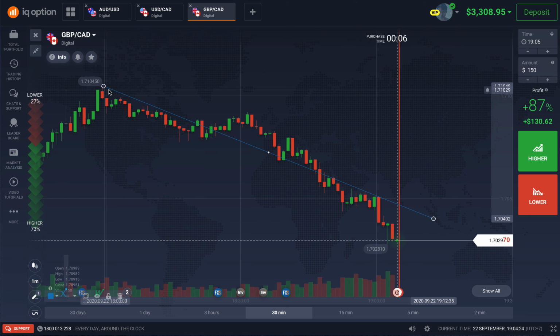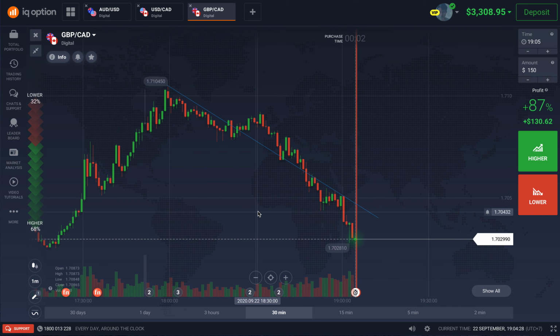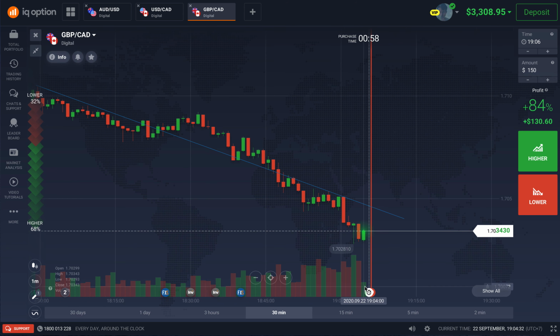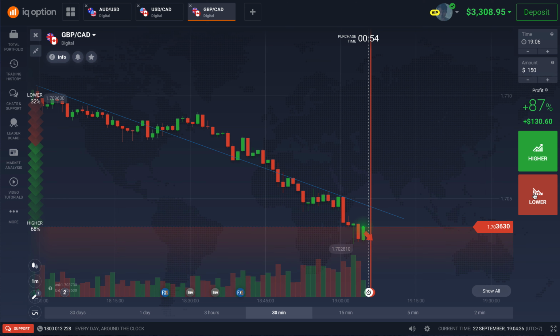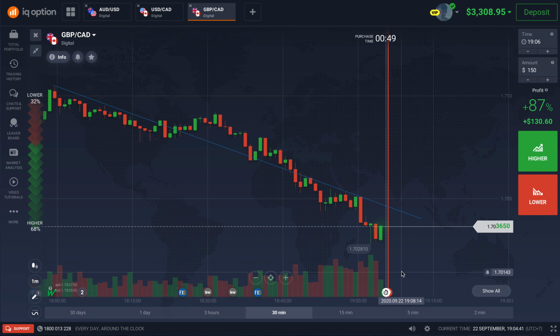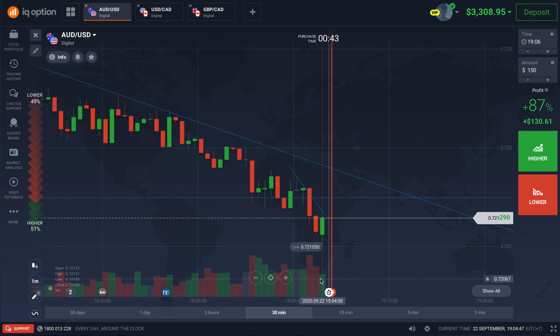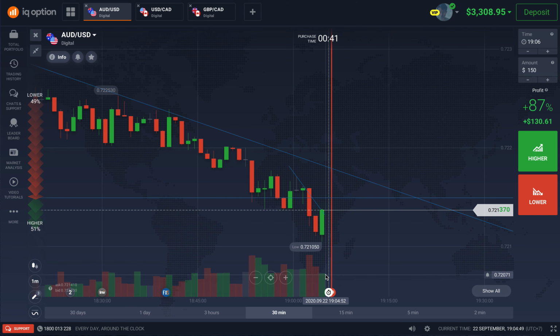This one and this one. I want this bullish to be a weak one, not strong, and then I can go on to sell. Okay, this one also has to be a weak one too.